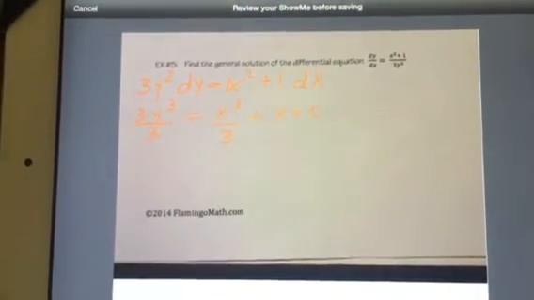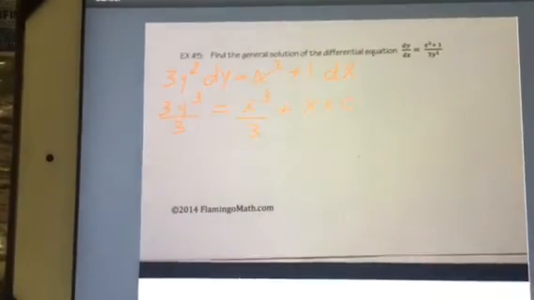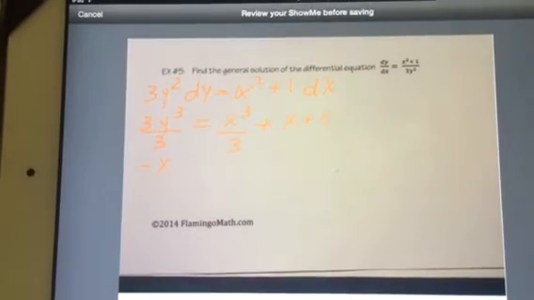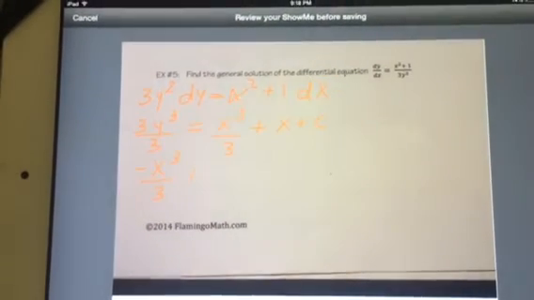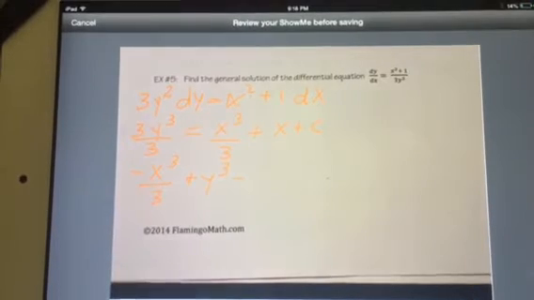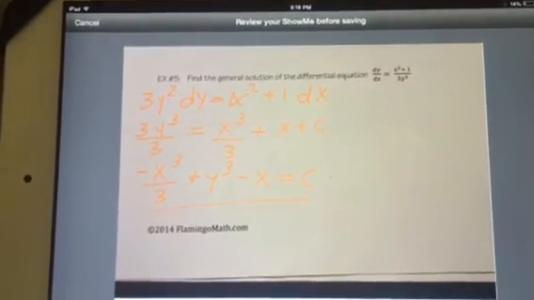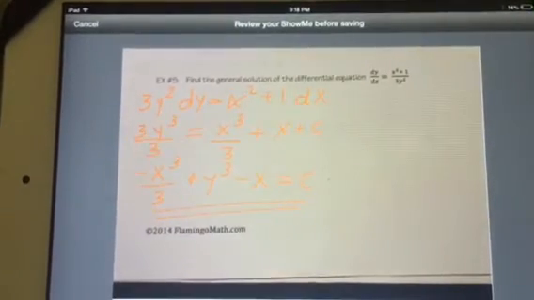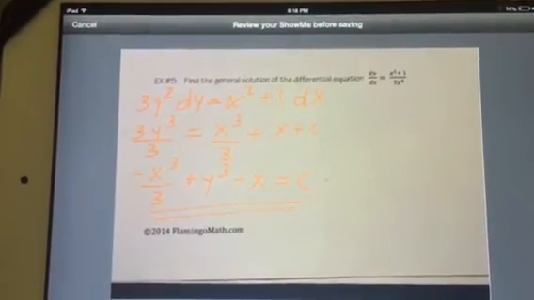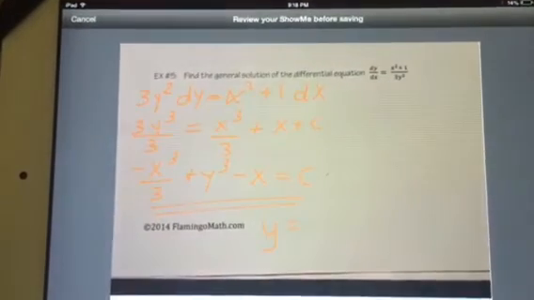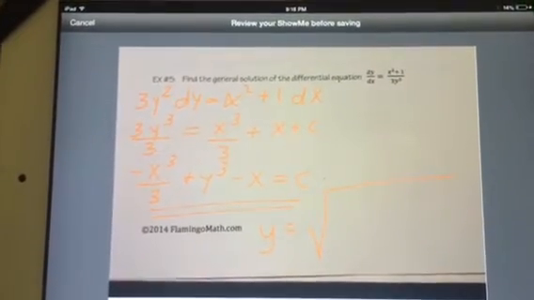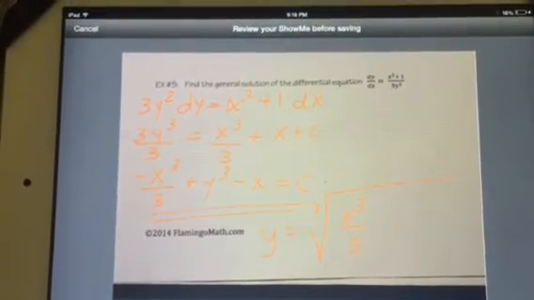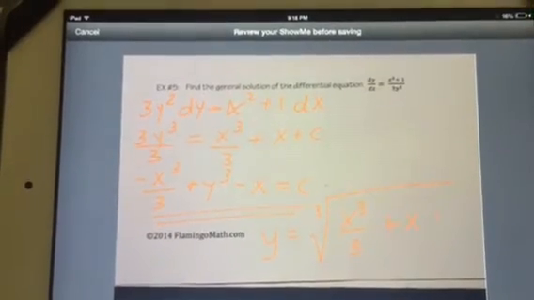We can then send everything to the left, so we'll have negative x cubed over 3 plus y cubed minus x equal to c is one way of writing the solution, or we can take it as solving for y, and we get y is equal to the cube root of x cubed over 3 plus x plus c.